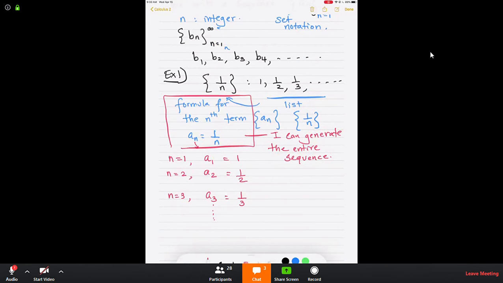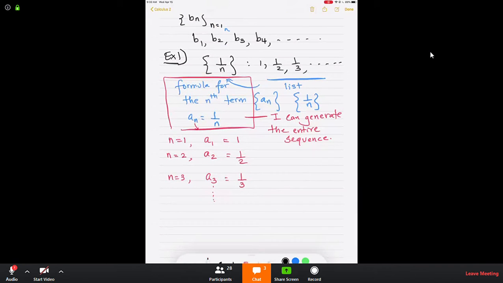So one of the things is that given a sequence, you should be able to find an, which is really the formula or the nth term of the sequence. And what do I mean by that?